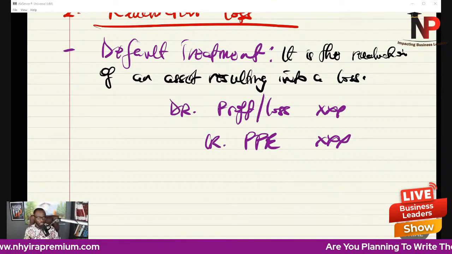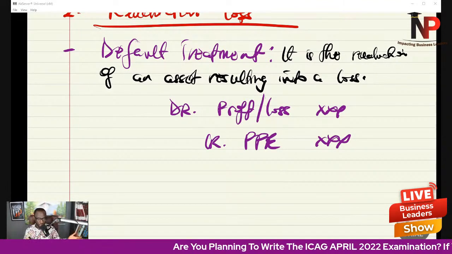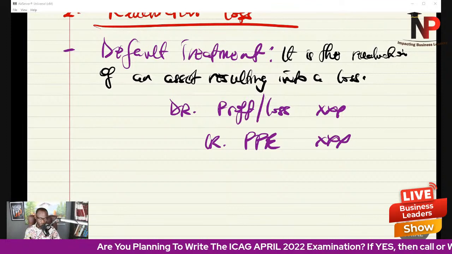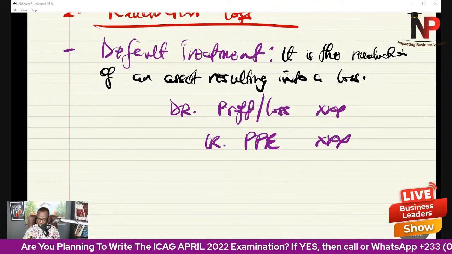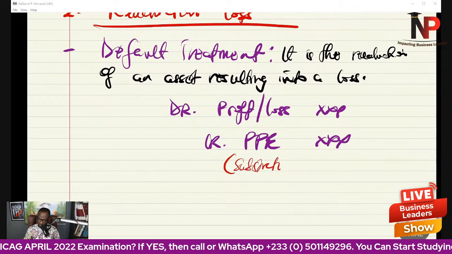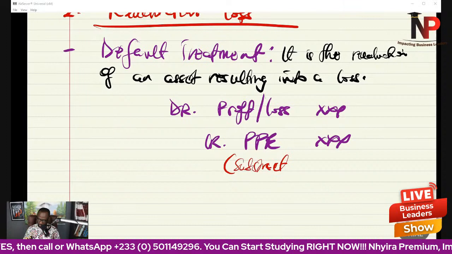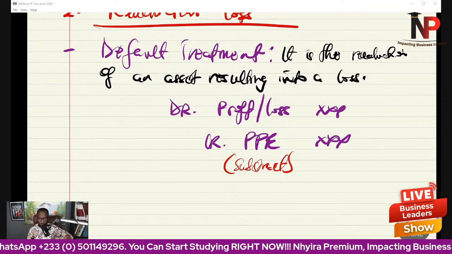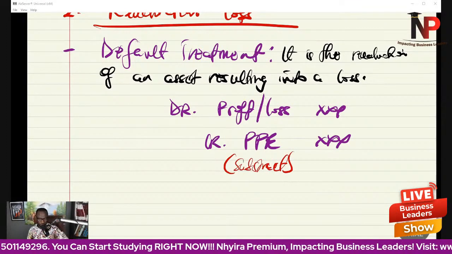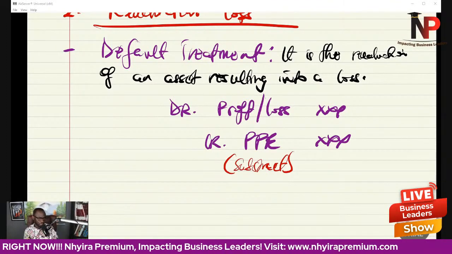It means that you subtract it from the property, plant, and equipment of the entity. That is what we mean by credit. So you subtract it, and you also treat it as an expense in the statement of profit or loss. So that is the default treatment.